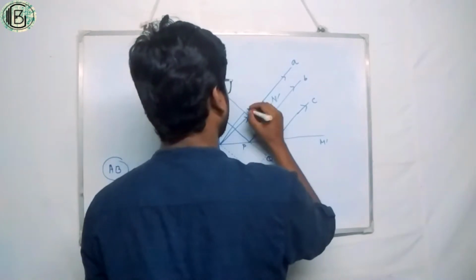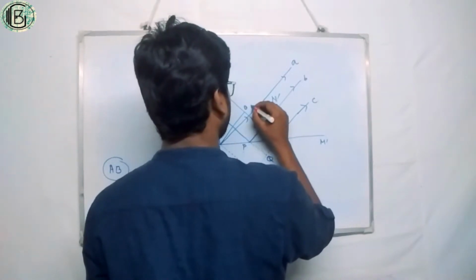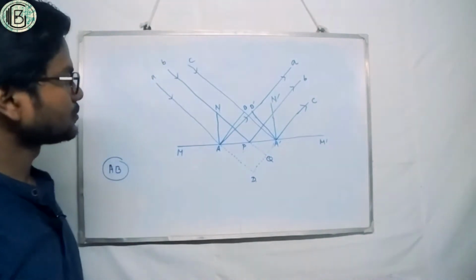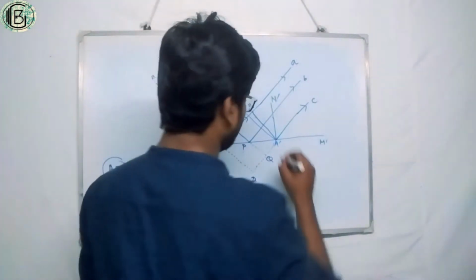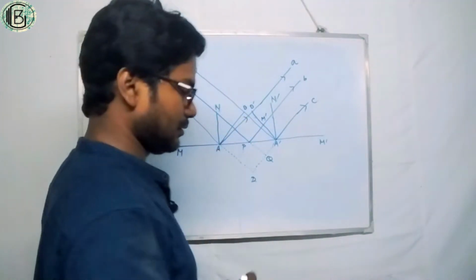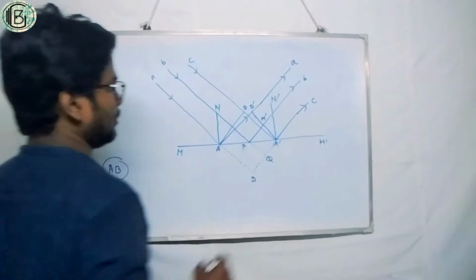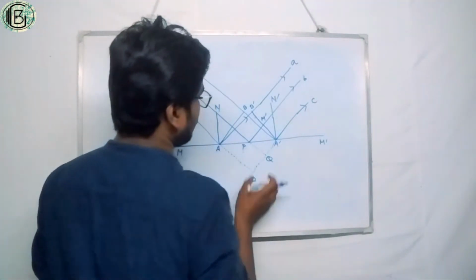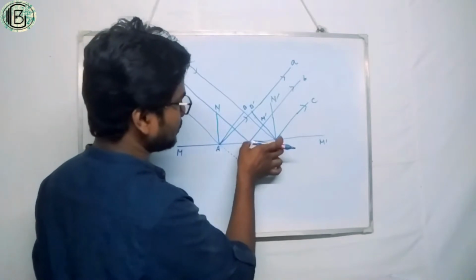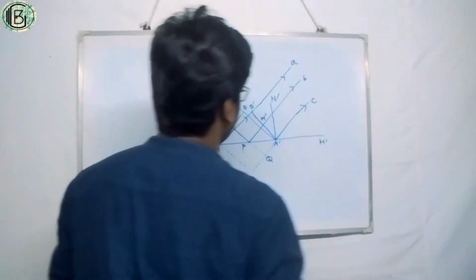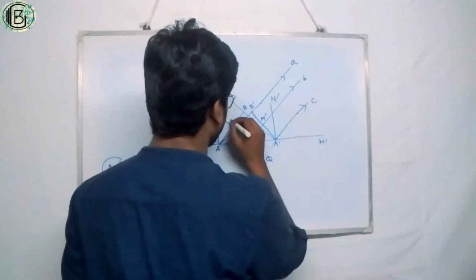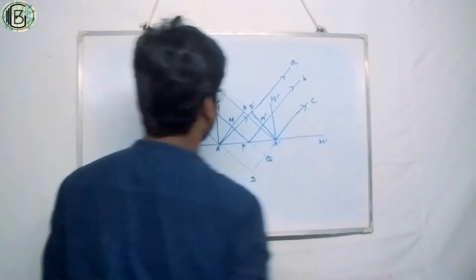So this is B and this is B prime. Now this is M prime. Now we can get M prime in a similar way, by taking equal length of P. Now if this is M, this should be M prime.